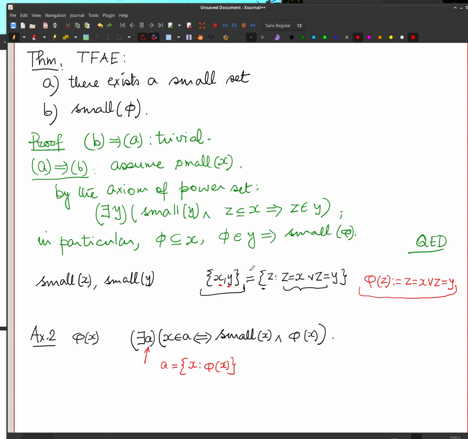Clear? So axiom 1 and axiom 2 tell us that such a set exists. But till yet we don't know whether this is small. Is this clear? X and Y are small, but the unordered pair XY till now is not small. Right? Correct.